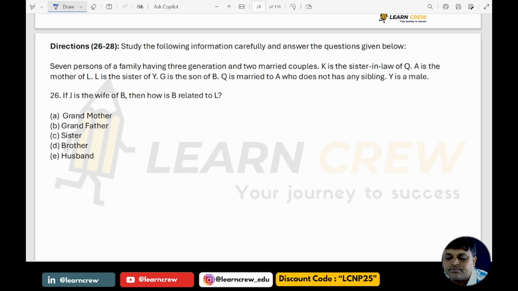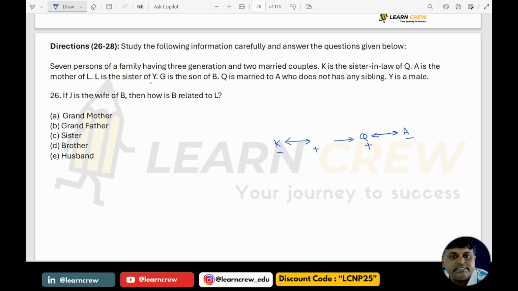K is the sister-in-law of Q. So K's husband's sibling is Q. A is the mother of L, and L is the sister of Y. G is son of B. Q is married to A and it is given A is the mother. So Q is the father.